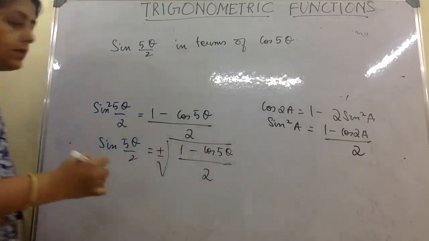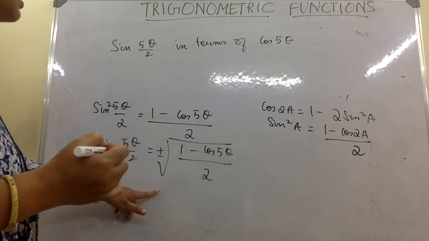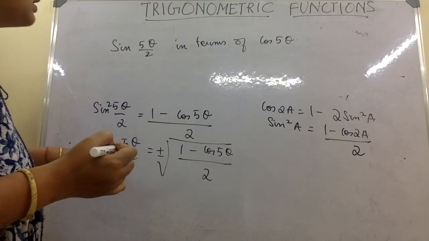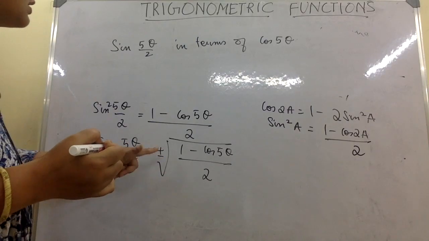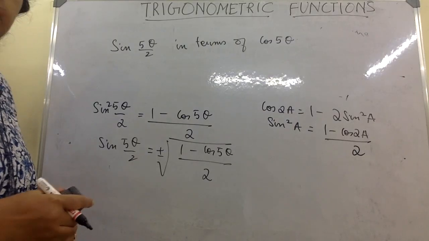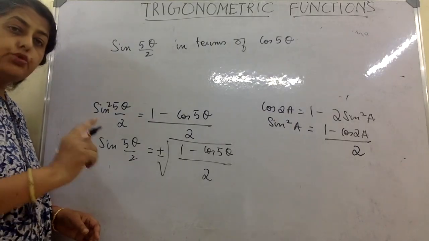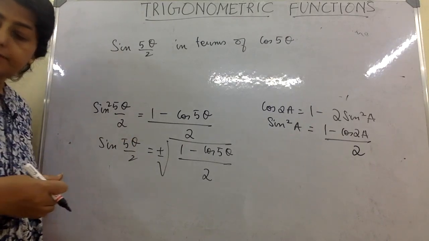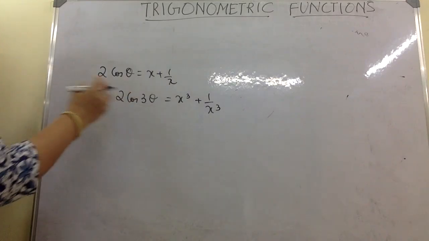Because this is a square, we have to find the square root, so it gets a plus minus. So you see, we are using all the double angle formulae one after the other. Okay, this is our next sum.